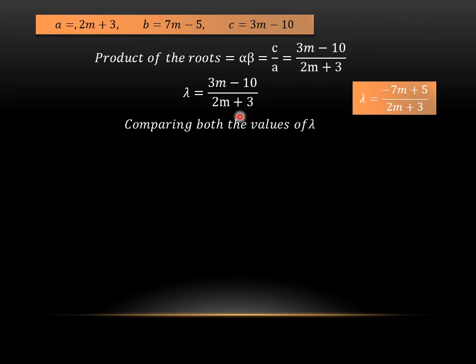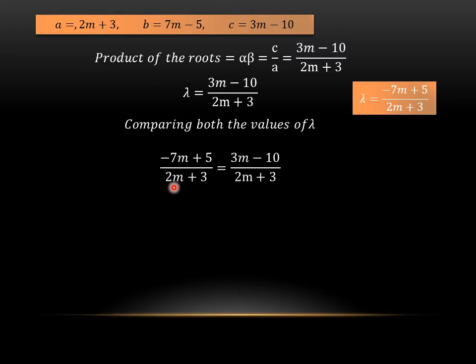So comparing the values of lambda, we will get the two fractions equal to each other, because this is the value of lambda and this is also the value of lambda. If the value of lambda comes out to be 10, it means putting the value of m here, we will also get the answer 10 by putting the values in this fraction. So both the fractions will become equal to each other.